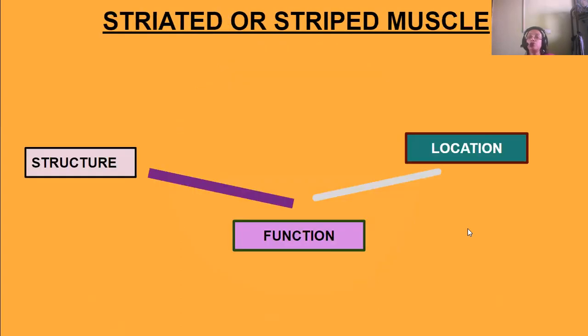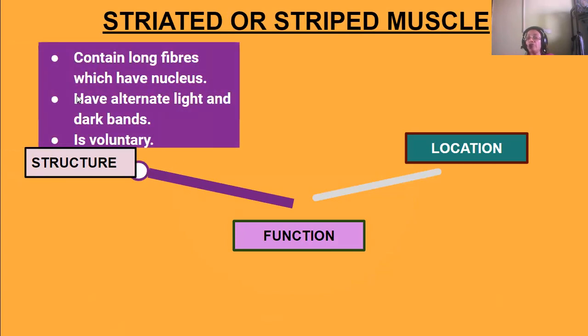First we come to striated or striped muscles. Why are they called striated or striped? Because they have stripes on them, lines drawn on them. What is the structure?